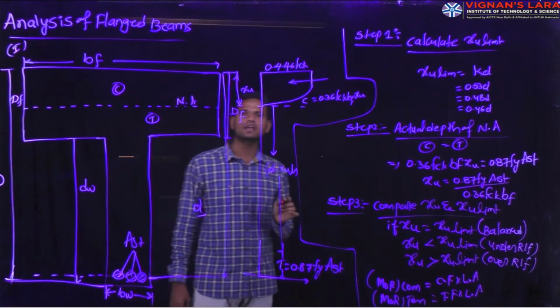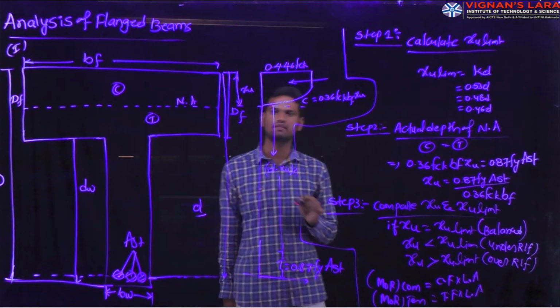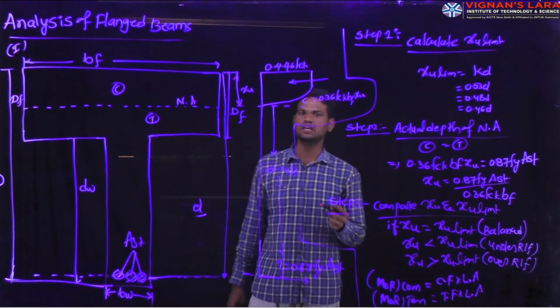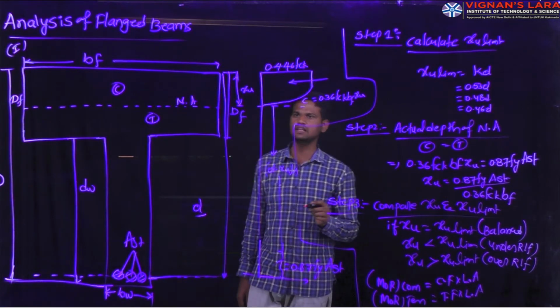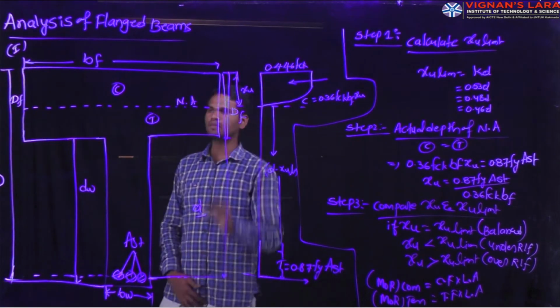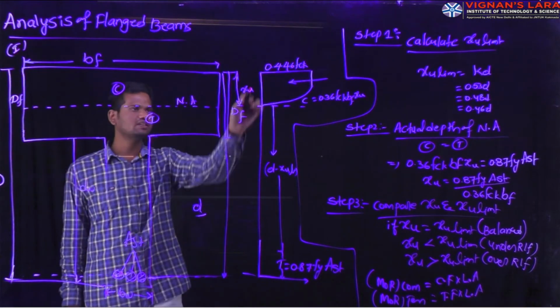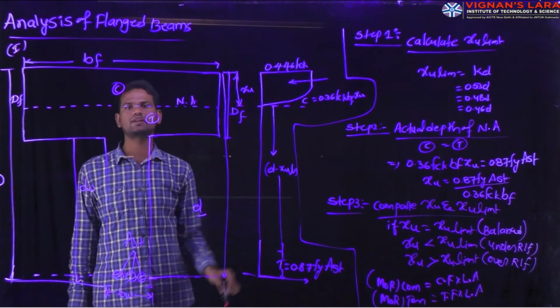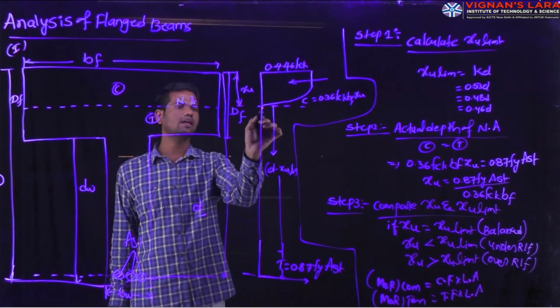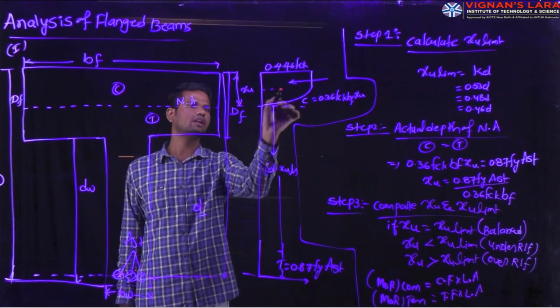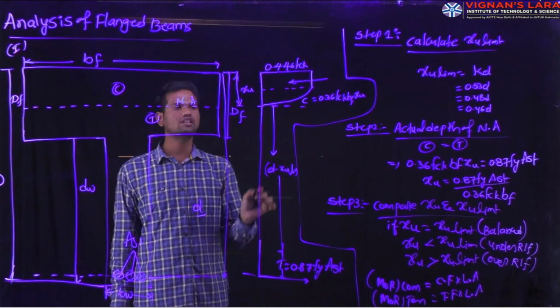These are the different assumptions we discussed in our first lecture, that is, the assumptions of the limit state method of collapse under flexure condition. The same assumptions for the T-beam also we are considering. If you see here, this is the stress diagram for the concrete. From the neutral axis to the strain of 0.002 the stress block is parabolic.